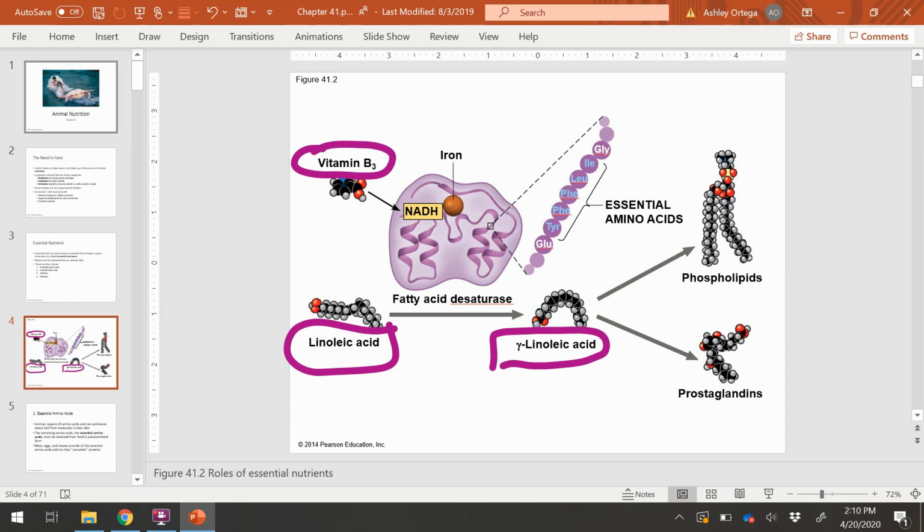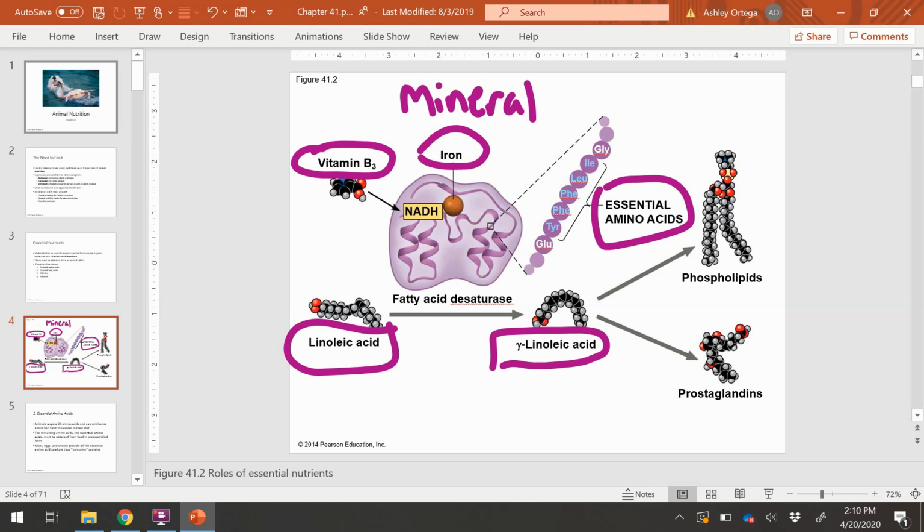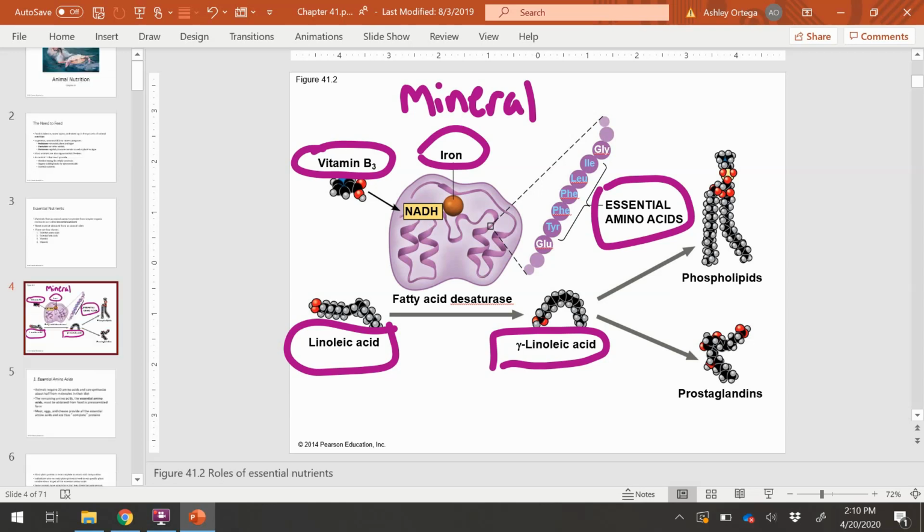Then we have iron, which is a mineral, another one of the groups of essential nutrients. And lastly, essential amino acids. So there are vitamins, minerals, essential amino acids, and essential fatty acids. Let's take a look at those groups.